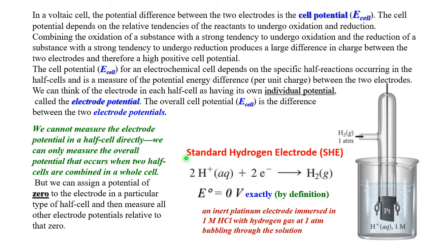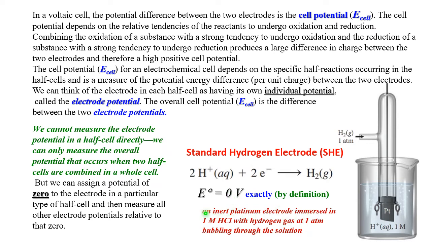Two H+ ions, protons, react with two electrons to make H2. This is the simplest possible ion reacting with electron and making simplest possible molecule. That's why it was very convenient to assume this is exactly 0 volts. That's exactly, by definition, there is no error sign here.